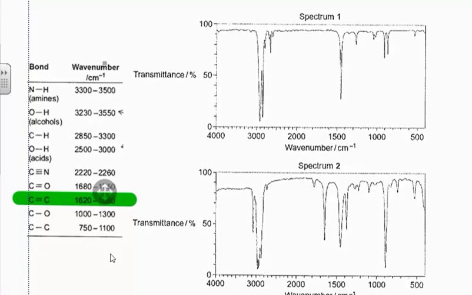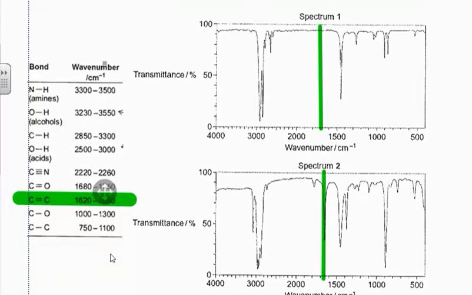So roughly go down on our spectra around about that point in spectrum number 1. Can you see anything there? I can't. That looks like it doesn't have a double bond.